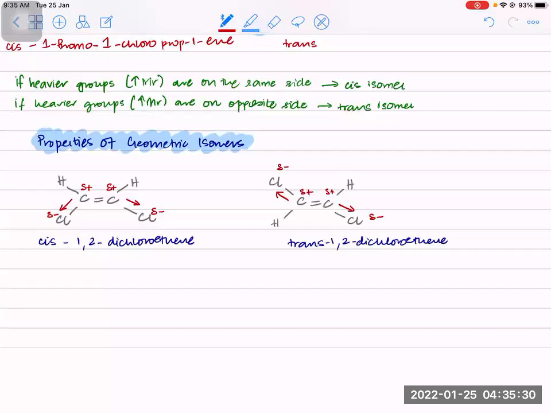Now, in trans, you see the dipoles are going in opposite directions. Do you see a dipole going upward and a dipole going downward? So in the trans isomer, the dipoles are in opposite directions, so they can cancel out, not entirely, because the molecule is not symmetric.